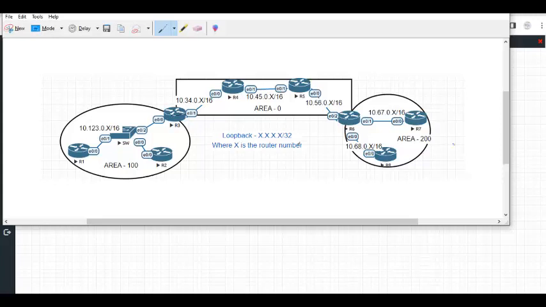So where is the pen? Here it is. Now, for this local area network, we'll have one DR. So this is the DR, and this is the BDR, and this is DR other.